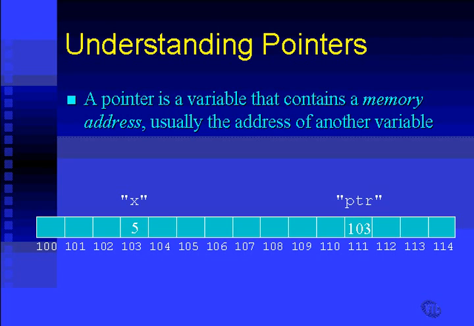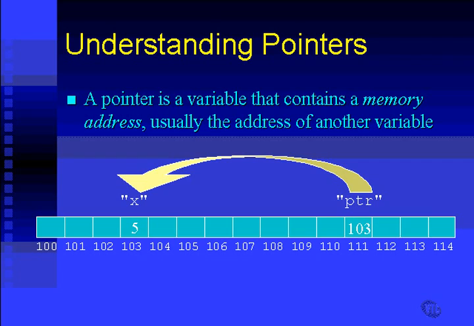However, we are interpreting that integer value as the address of another variable. I hope this is making sense. So we can say here that the variable called pointer contains the address of the variable called x. I'll say that again, it's quite important. Pointer contains the address of x. I'll put that another way. Pointer points to x. Thus, they're called pointers.